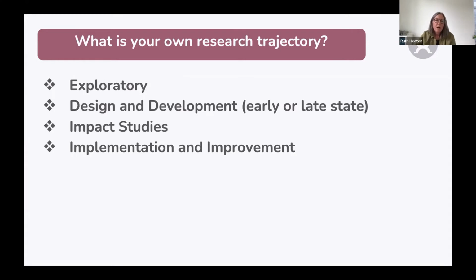So I thought about this in the context of the various kinds of projects that NSF offers that you can write proposals for. And again, where you place your research depends on where you are both in your personal research trajectory, but also where you are in thinking about the ideas that you're trying to study.